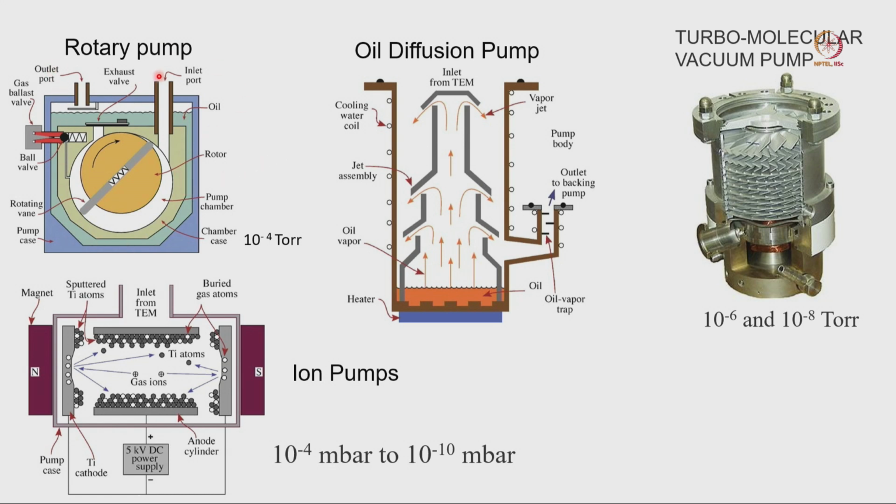The rotary pump is a very noisy pump, and how it works we are going to discuss in the next slide, but from atmospheric pressure we can go to 10 to the power minus 4 torr. But the oil diffusion pump is a very silent pump, it is not generating any noise. It is using an oil, and this oil will mix with air molecules or water molecules, and they will go through this.